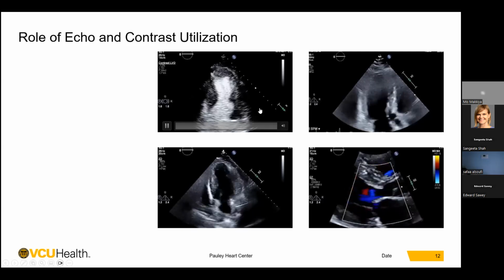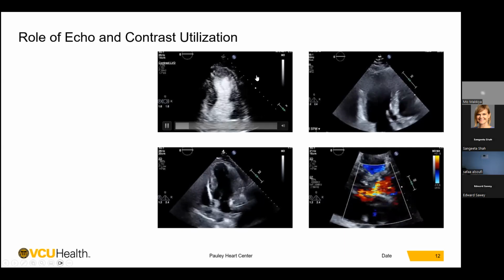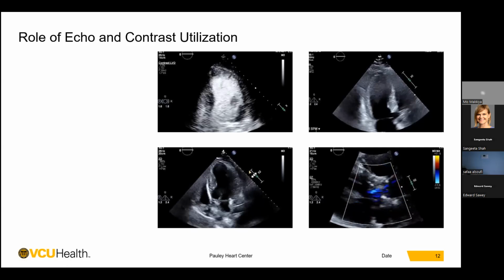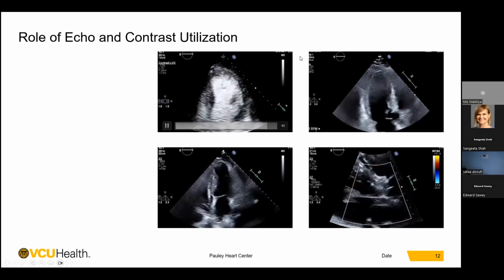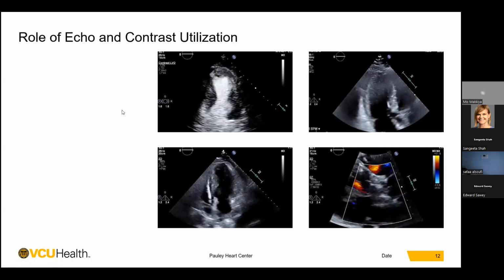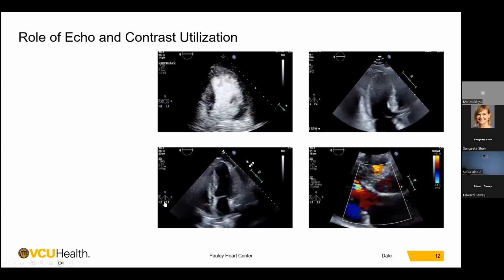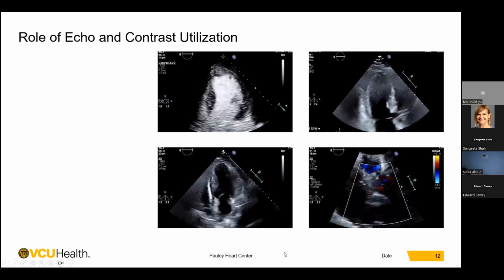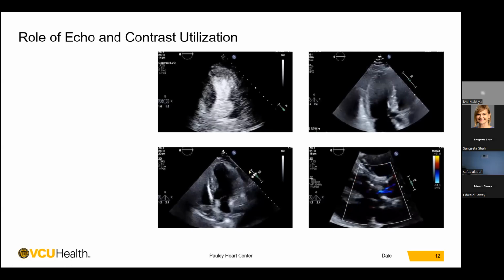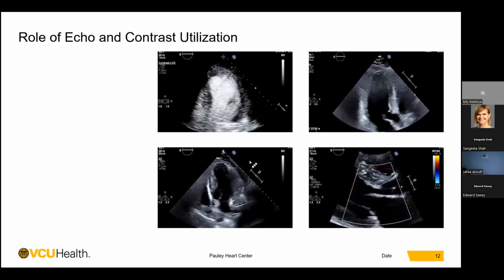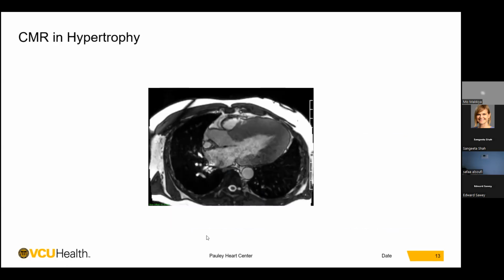Also, using the apical contrast, as in this picture, we can see there is an aneurysm of the apex with apical wall thrombi. So it is very important, if you have a suspicion for apical HCM, to use contrast to thoroughly evaluate the apex.